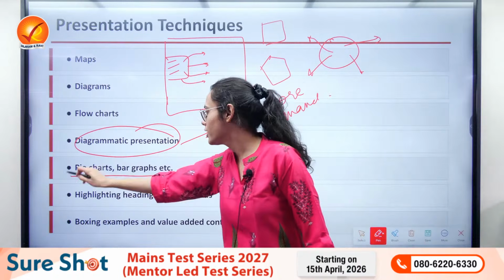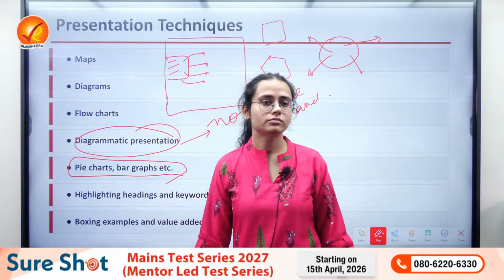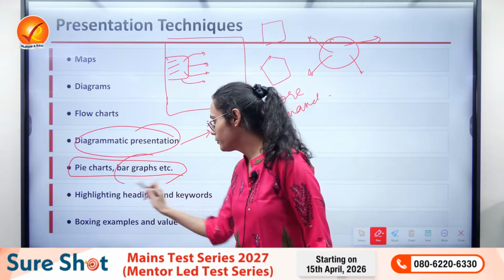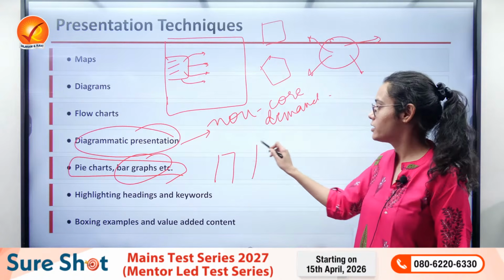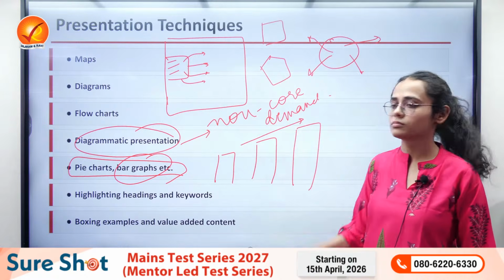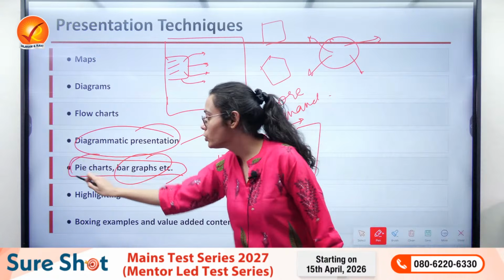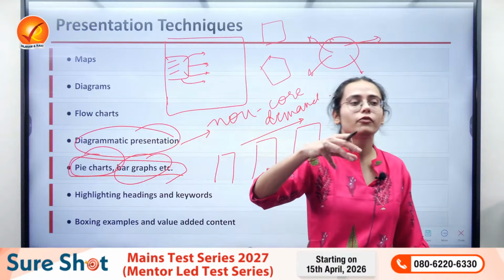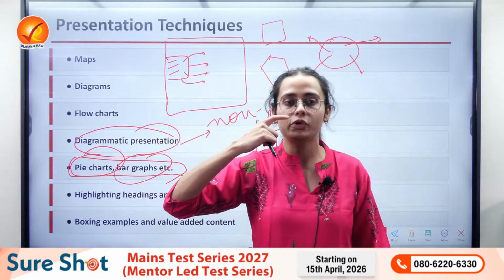Pie charts, bar graph, again I have shown. Like a bar graph, you can use it if you have to show any trend. A pie chart, if you have to show the contribution of any particular phenomenon to an overall process.